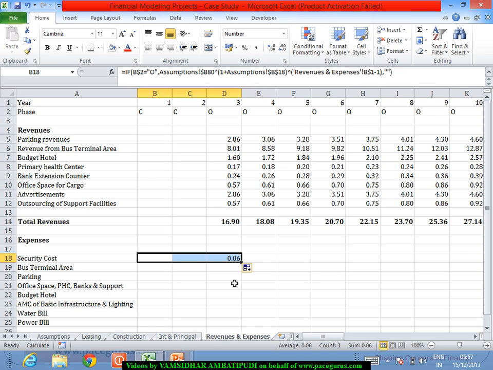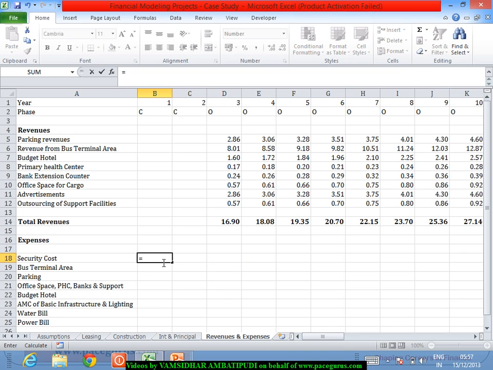Yes, I am able to see, instead of growing it at assumption B80, no, this is where the numbers are different. So probably let's handle this again.